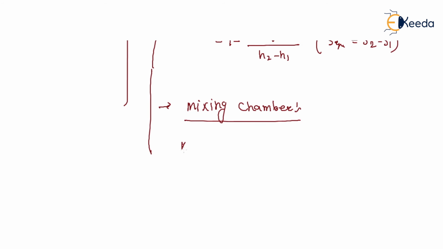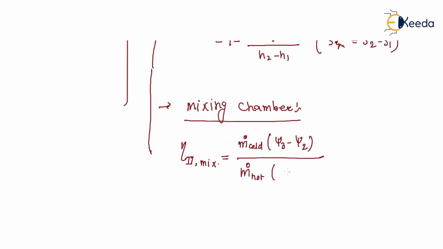So second law efficiency of mixing is what? It is your mass flow rate of cold fluid into psi 3 minus psi 2, divided by mass flow rate of hot fluid into psi 1 minus psi 2, right?